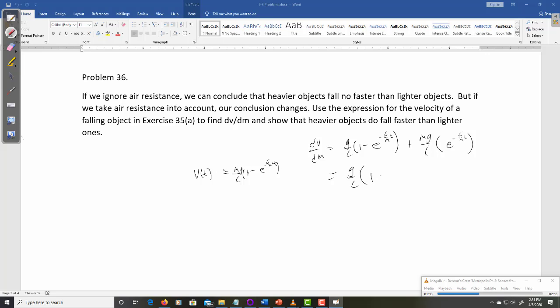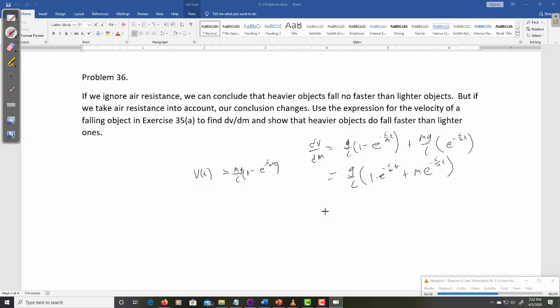That'll leave us with 1 minus e to the negative c over m t, plus m e to the negative c over m t.